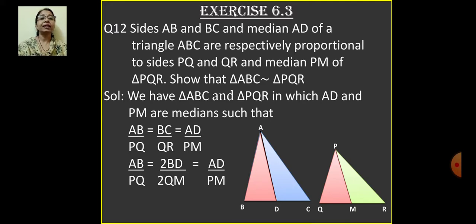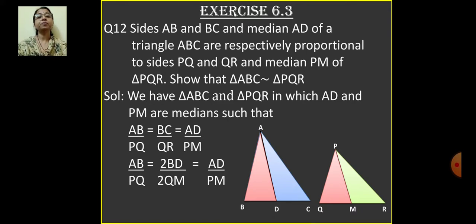So since AD and PM are the medians, BC can be written as 2 times BD. Isn't it? Why? Since D is the midpoint of BC. Similarly, QR can be written as 2 times QM.